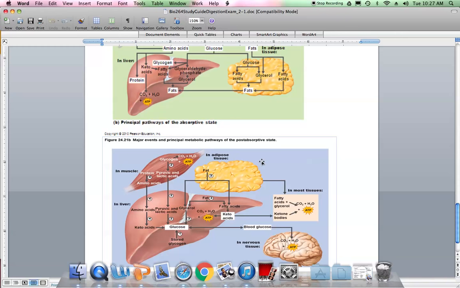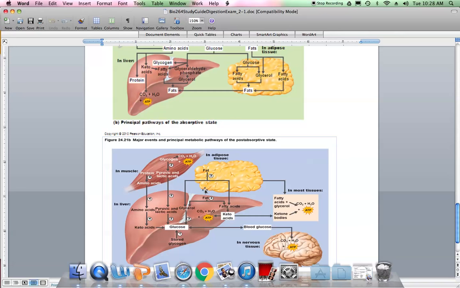It's going to target the liver to break down glycogen, and the stored glycogen will be turned into glucose, and that will release the glucose into the bloodstream to keep the blood glucose up. Also, long term, the body will begin to break down adipose tissue.